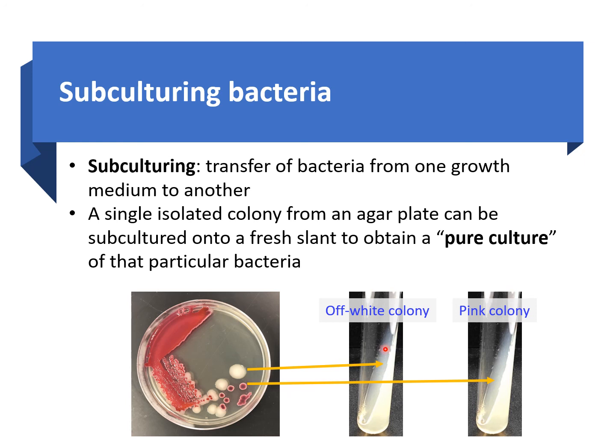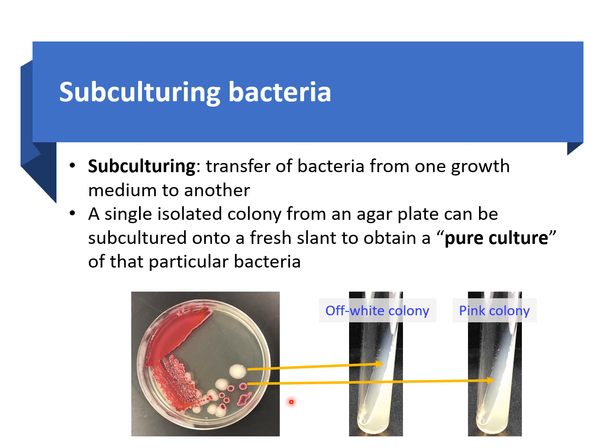And if you want to obtain a pure culture of that particular bacteria, whether it's in that white colony or in that red colony, what am I going to do? Well, I'm going to grab my inoculating loop, of course after sterilizing it, right?